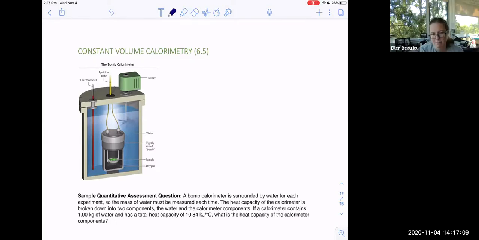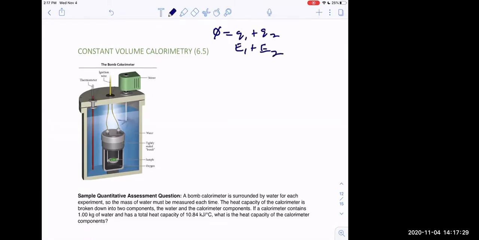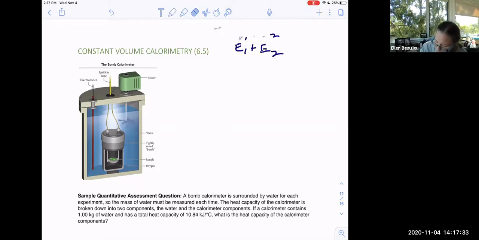Correct. That's generally true. I'm not going to say that's true for everything, but generally, when we say things are laws, there's a mathematical relationship. So the first law of thermodynamics, 0 equals Q1 plus Q2, or E1 plus E2. That's math.